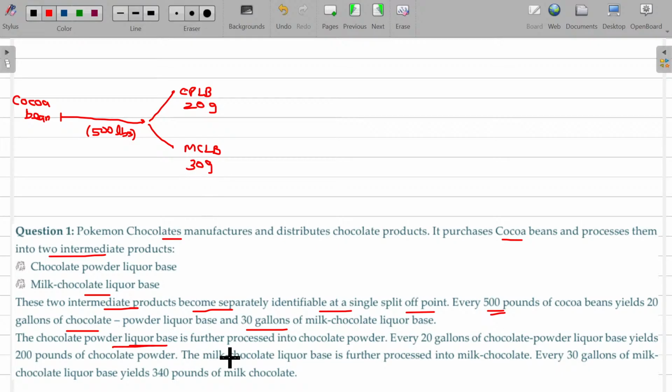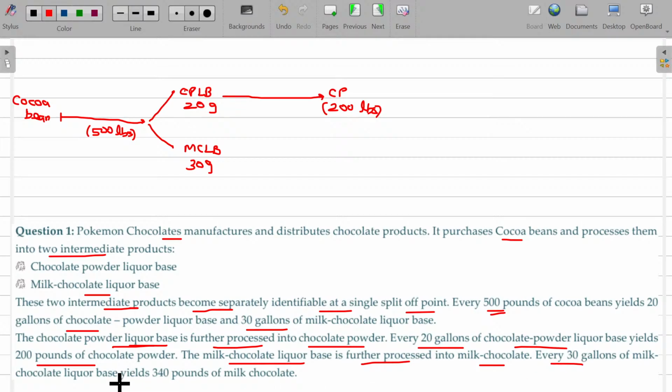The chocolate powder liquor base is further processed into chocolate powder. Every 20 gallons of chocolate powder liquor base yields 200 pounds of chocolate powder. So this can be further processed, then you can produce chocolate powder, the output being 200 pounds. Milk chocolate liquor base is further processed into milk chocolate.